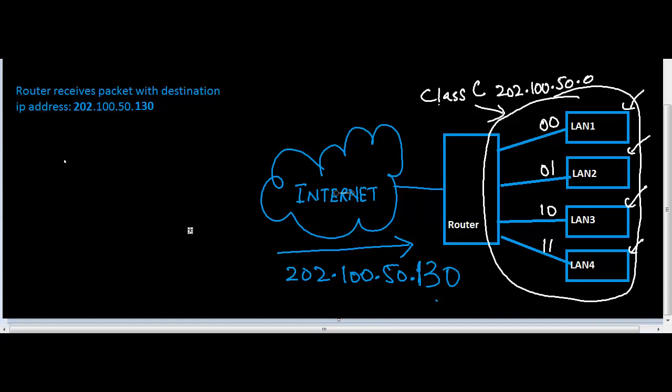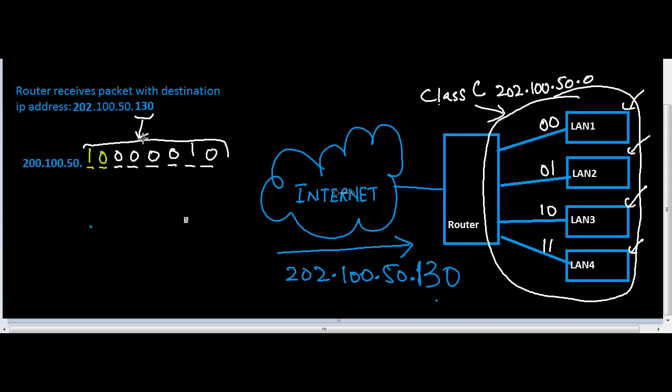So what if the router receives another packet from the internet with the destination IP address set to 202.100.50.130? Okay, the first thing I'm going to do is convert this last octet into its binary form.